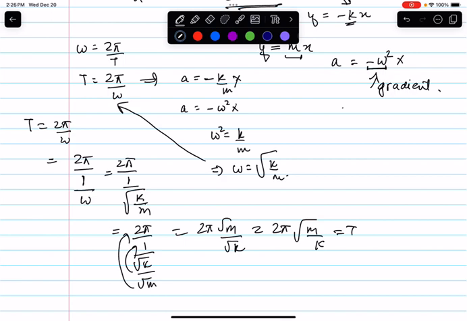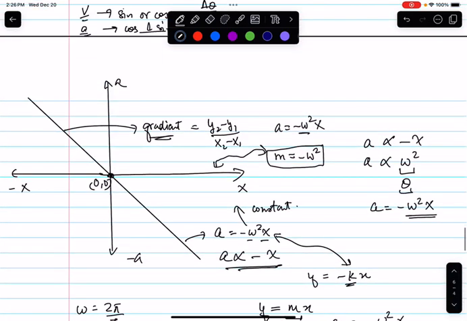So when they give you the mass and the spring constant, you can calculate the time period of the motion. This is where the previous example comes into place, because they can give you this acceleration-displacement graph and tell you to find the time period.